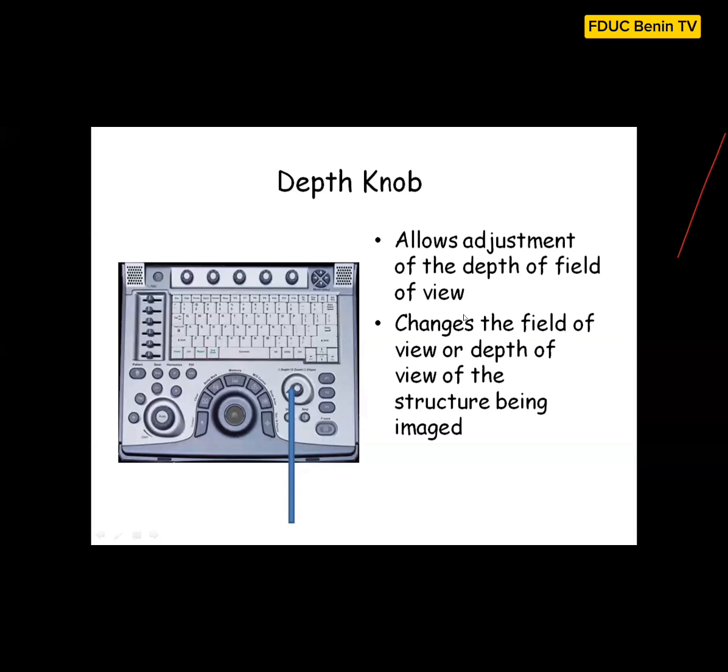You can increase it or reduce it, and in that way it will adjust the depth. So the structures that you are viewing can be adjusted. It can make them look as if they are getting bigger or getting smaller, reduced in size.